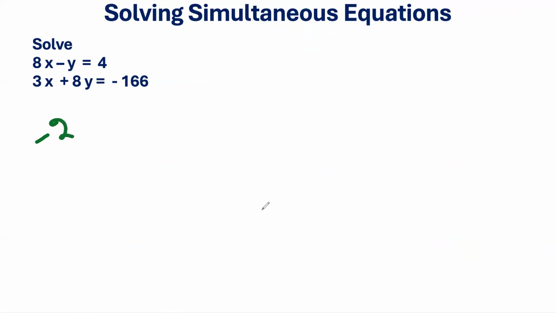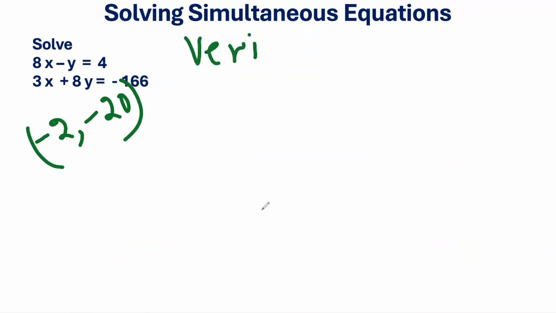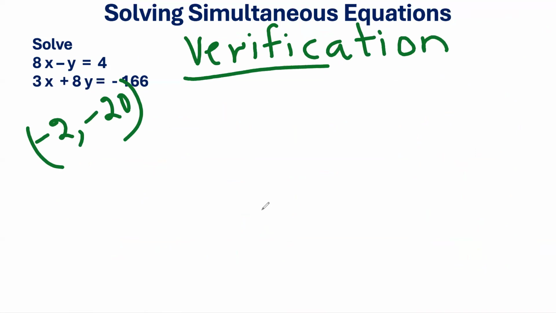Minus 2, comma, minus 20. This is your answer and you have to verify. So this is the verification, the last step. Verification means checking whether your answer is correct or not.